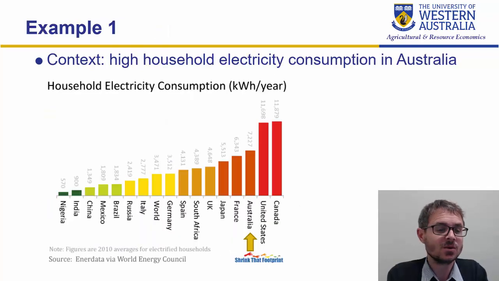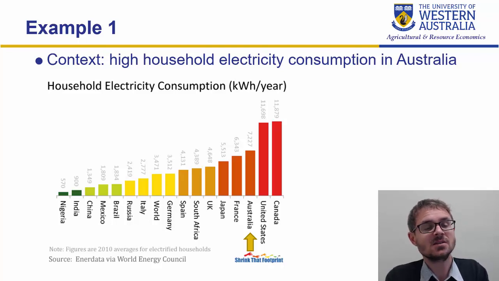So one of the things that we could talk about is household energy consumption. With electricity consumption, it depends a little bit on whether you've got gas connected or not, but in this data set, all of the households that are being compared are all on an electricity system. So it's not that some of the energy is being generated via gas, and in particular gas can be used for water heating and cooking applications.